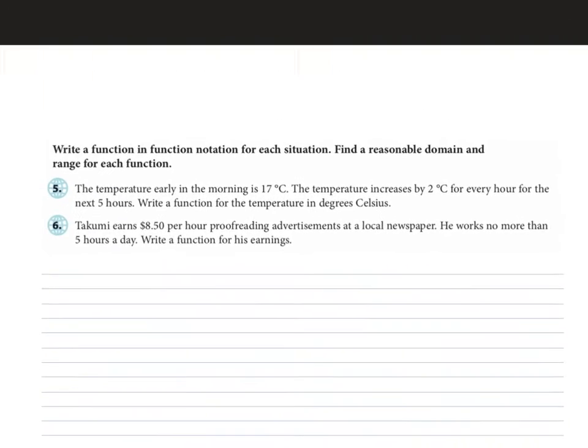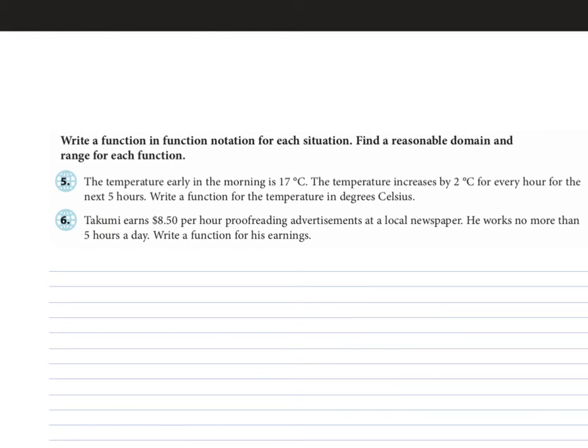If we look at our next examples, we're writing a function in function notation for each situation and finding a reasonable domain and range for each function. So if we look at 5, it says the temperature early in the morning is 17 degrees Celsius. The temperature increases by 2 degrees for every hour for the next 5 hours. Write a function for the temperature in degrees Celsius.